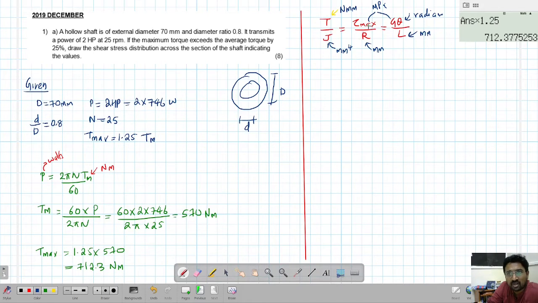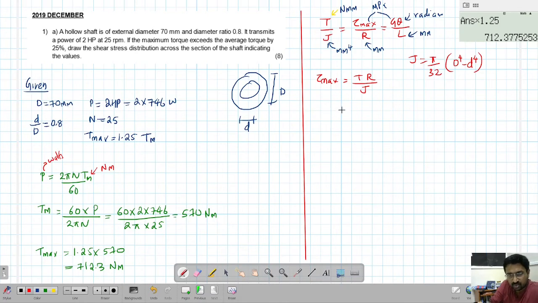Now, we know the value of T. Substitute T max here, and we will get the maximum shear stress. So we can find the maximum shear stress directly: tau max equals T R upon J. For a hollow circular section, J equals pi by 32 into D to the power 4 minus d to the power 4.